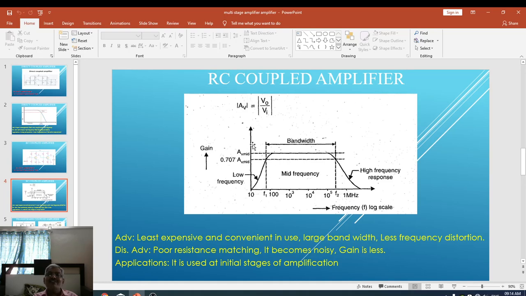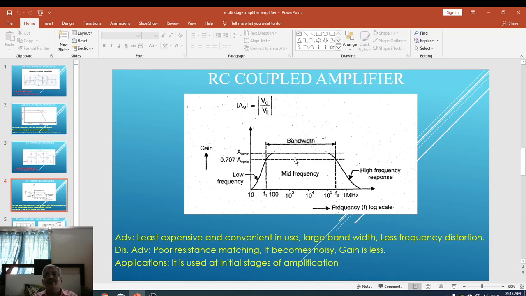On the y-axis there is the voltage gain. Look here, on the x-axis there is the frequency. In this direction there is an increase in frequency, and in this direction there is an increase in gain. And here is the result of the frequency response curve.